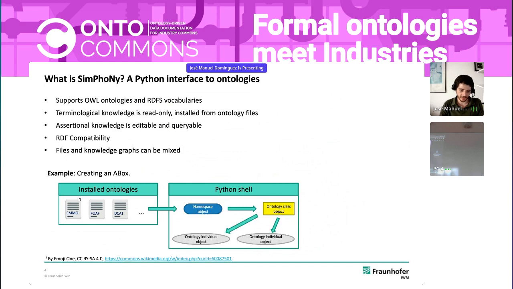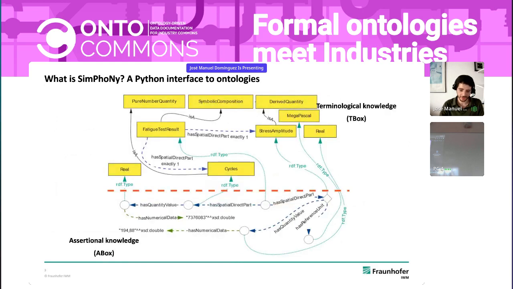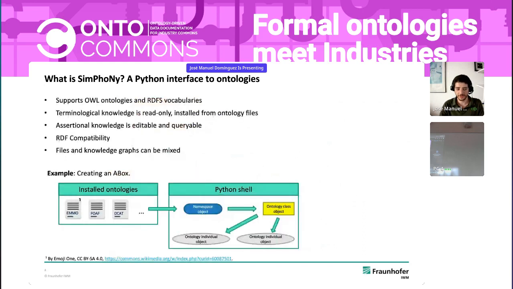To create the ontology itself, the terminological knowledge, you can use any other well-established tools like Protege, which is very well known, or even OWL ready, because often many people ask me what's the difference between OWL ready and this software. When it comes to creating the ontology file to be used, you can use any of those other tools, and then what you do with Symphony is actually creating, editing, and querying the assertional knowledge, so the ontology individuals, let's say. So the actual data, when you want to build data based on this terminological knowledge.